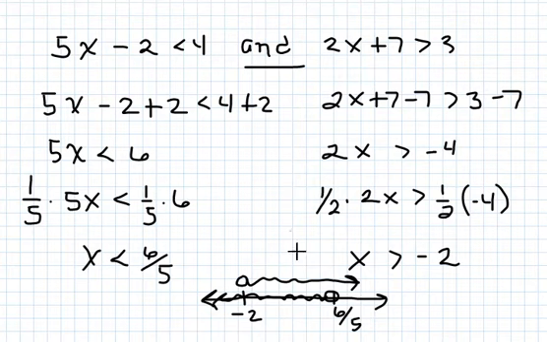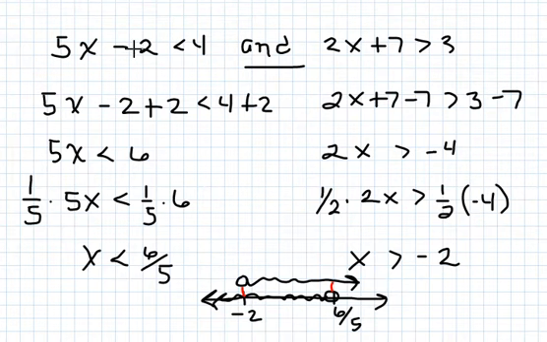So remember, we're working with "and" means, in a sense, intersection. So that's basically, what do these two intervals have in common? And that's actually going to be the stuff all in between here. So we're looking at between negative 2 and 6/5. We can't include negative 2 and we don't include 6/5.